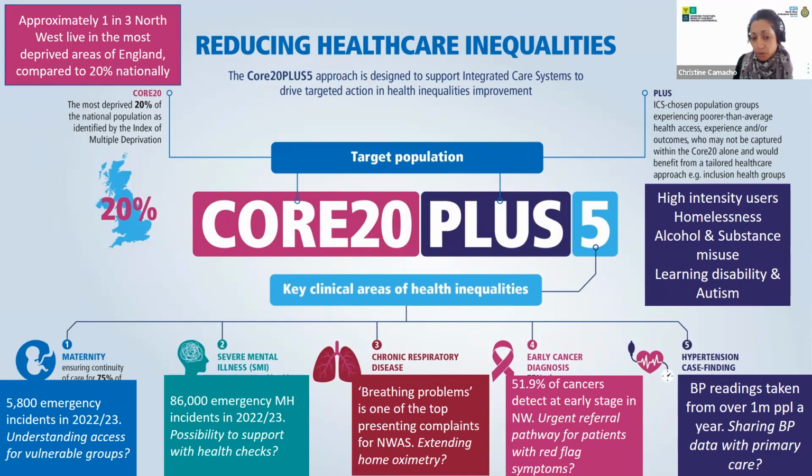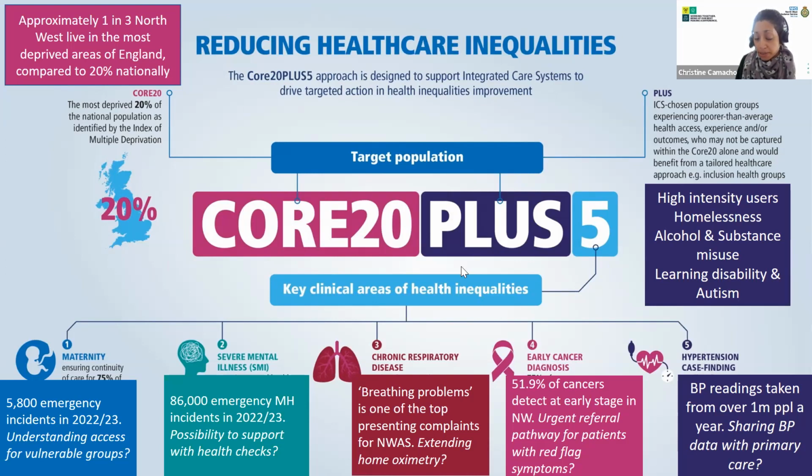And then the 5 touches on 5 clinical areas of health inequalities. And we've started to think about what that means for us. So within maternity, we deliver roughly the same number of babies as a small maternity unit. And we think we probably care for quite a vulnerable cohort of women there. So thinking about what we could do perhaps in terms of continuity of care for those women.